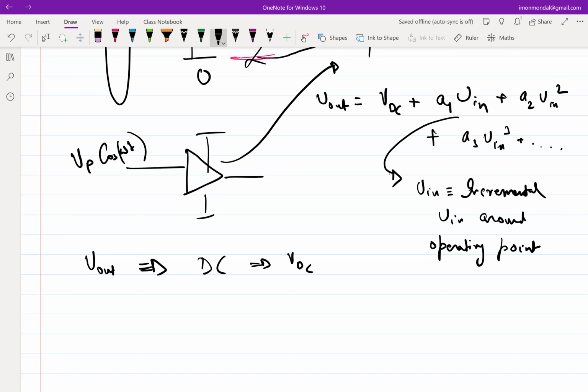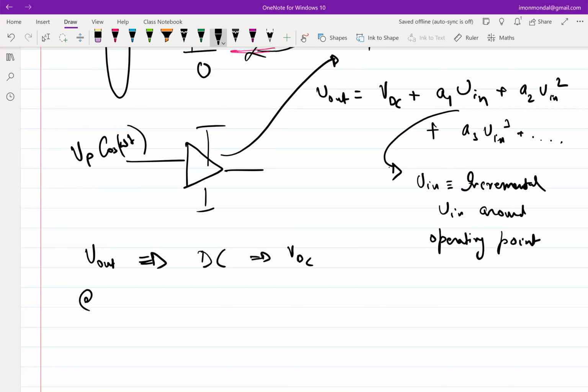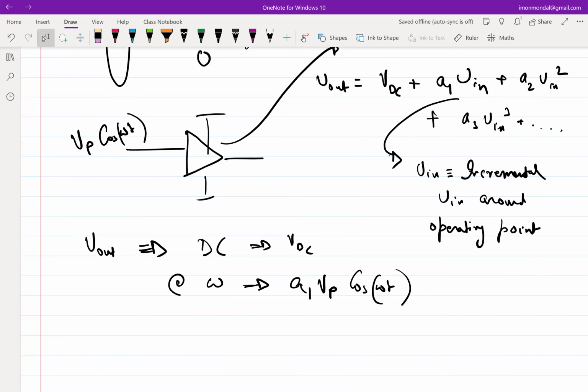Then I'm going to have a component at omega, which will be A1 times VP cosine omega t, where A1 is essentially the fundamental gain of the amplifier.